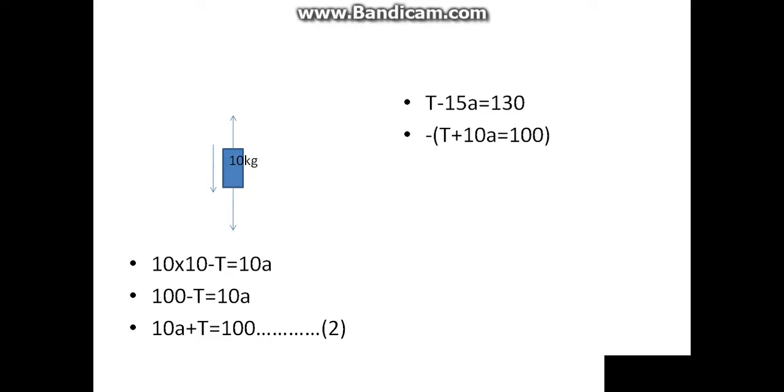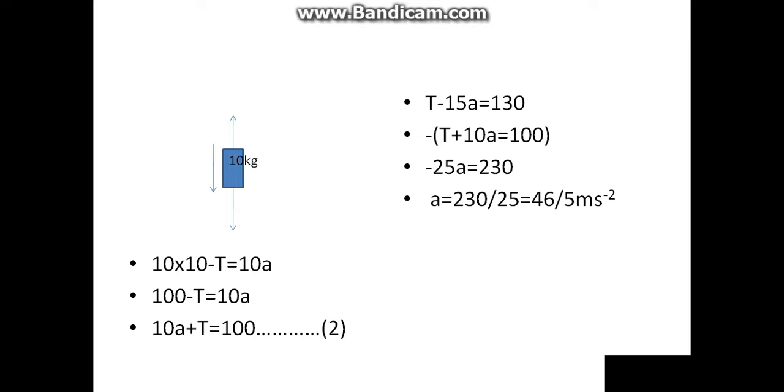We now have minus 25a is equal to 230. a is equal to 230 over 25, which will now give us 6 over 5 meters per second squared. Just know that the minus sign there means that the body is now going up according to the question.